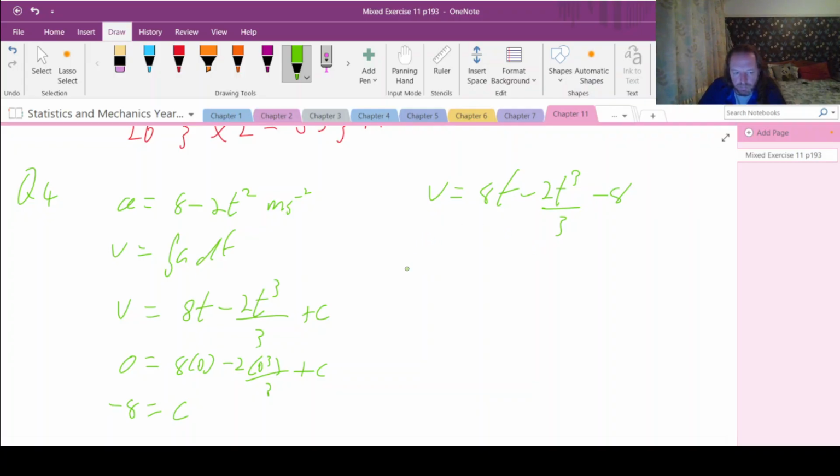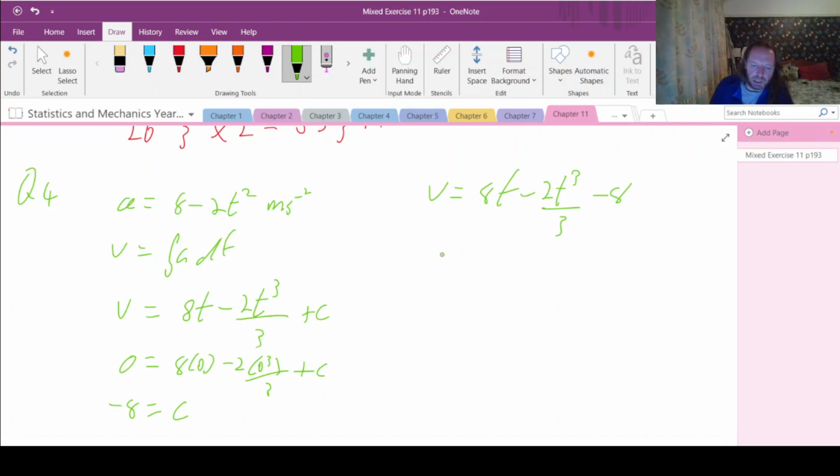Actually, when the acceleration is equal to 0, you end up with it. So where do we get to the top of this one? Where is the maximum of this graph?